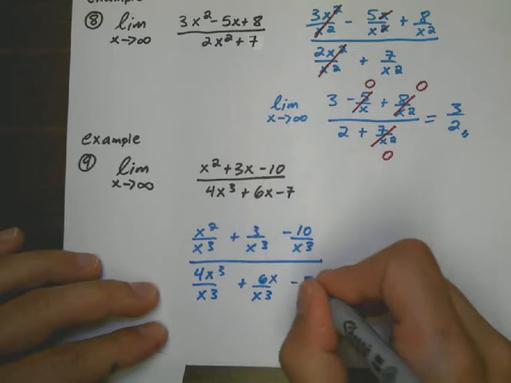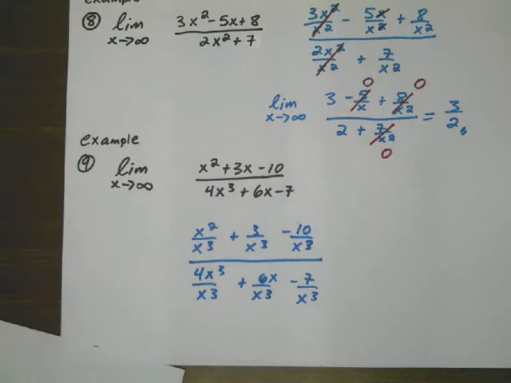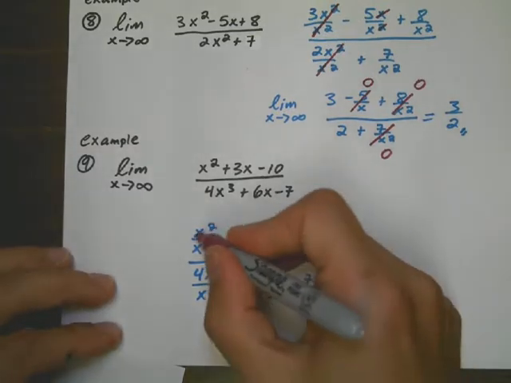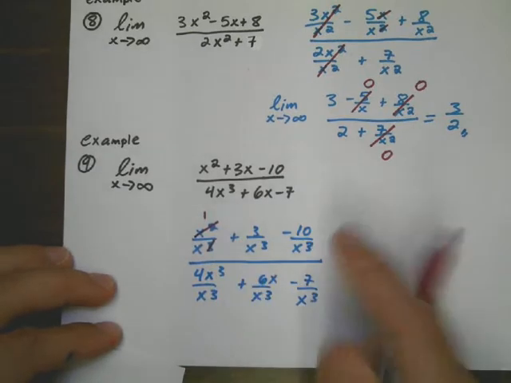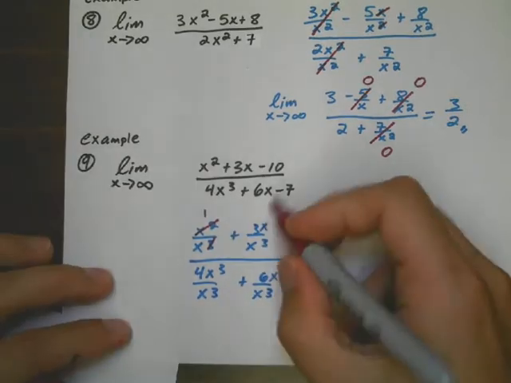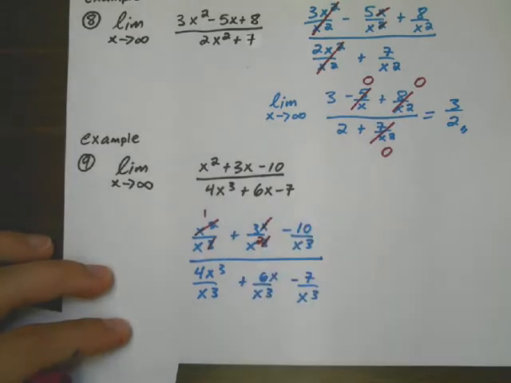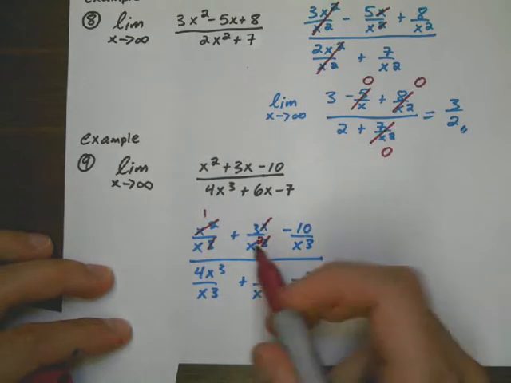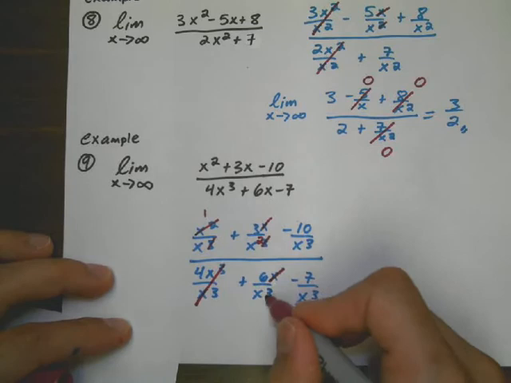Then I reduce and simplify. This reduces to just 1 over x to the first power. I forgot this x on top of the 3; this becomes x to the second power. I can reduce these as well, and this one stays the same.